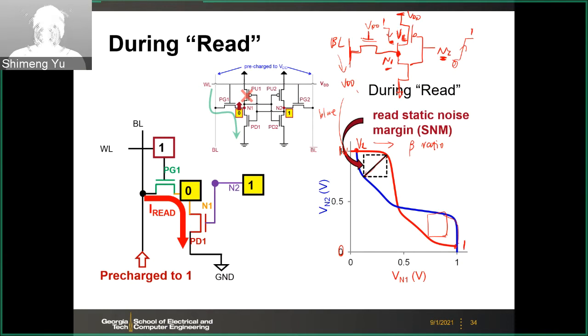N1 voltage increased a little bit. So it's easier for the N1 node to be flipped by the noise. So that's why in the read operation, the noise margin is smaller than the hold operation. Because in the read, N1 is already kind of disturbed.